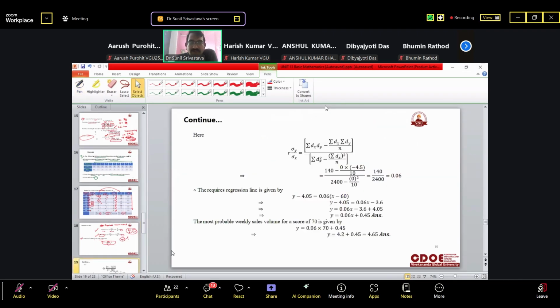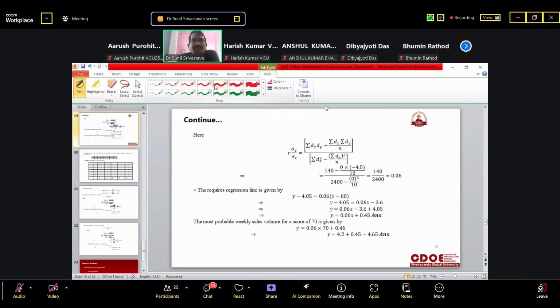How to calculate the value of r sigma y upon sigma x in terms of deviations? Just put the values in the same way. This r sigma y upon sigma x is the regression coefficient of y on x.